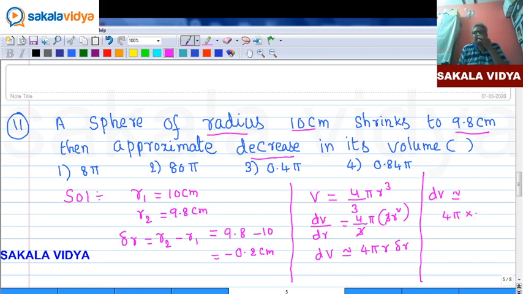R is initial, you need to take 10, into delta r is equal to minus 0.2. So approximately equal to minus 8 pi. Minus indicates decrease. So decrease is 8 pi. First option is the correct option, not option 2.